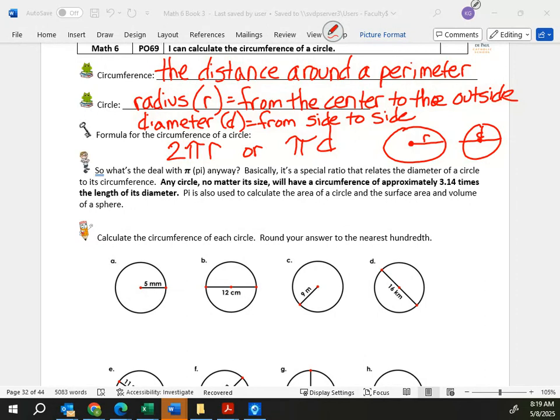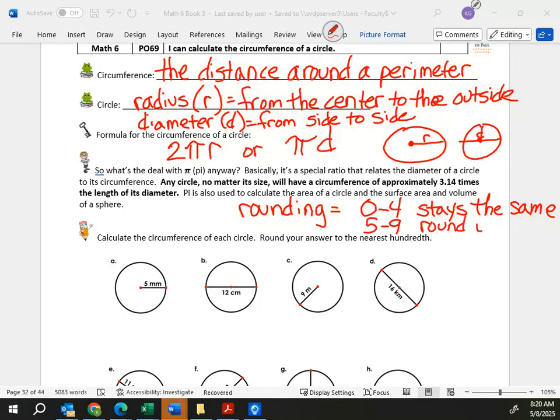Remember that rounding. If you have been one that when we've been correcting, you've noticed you've made mistakes, put a note on there. Rounding 0 to 4 stays the same. 5 to 9, round up.